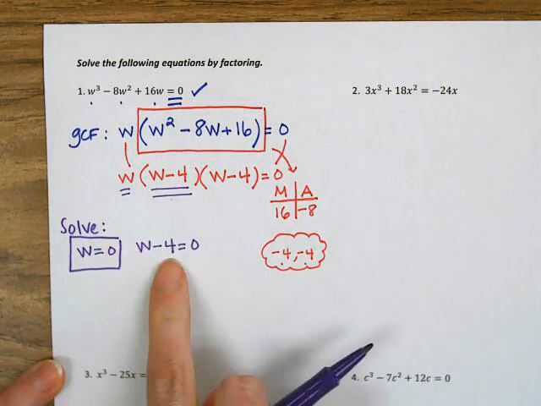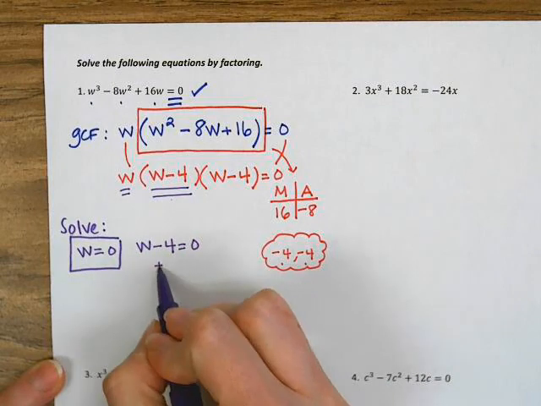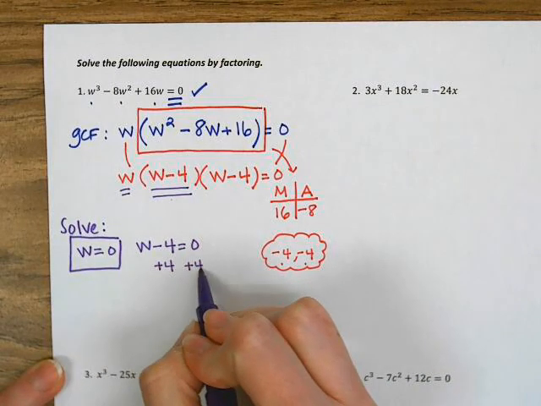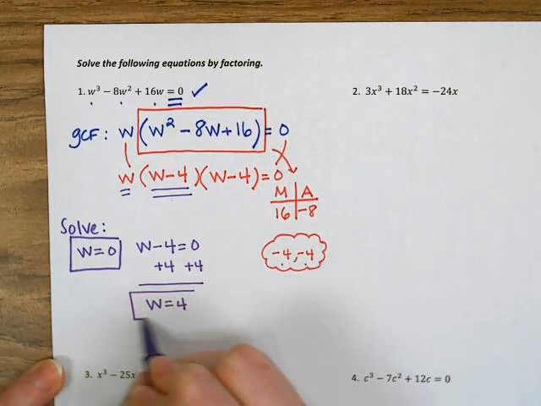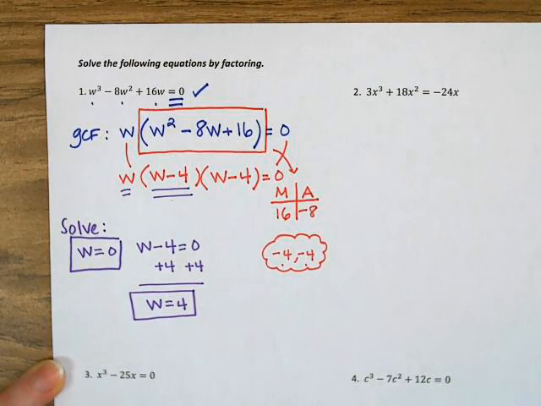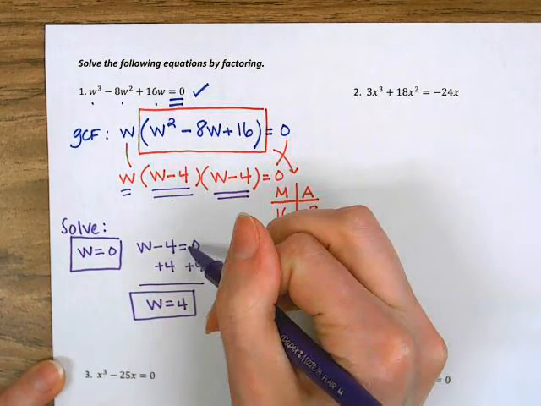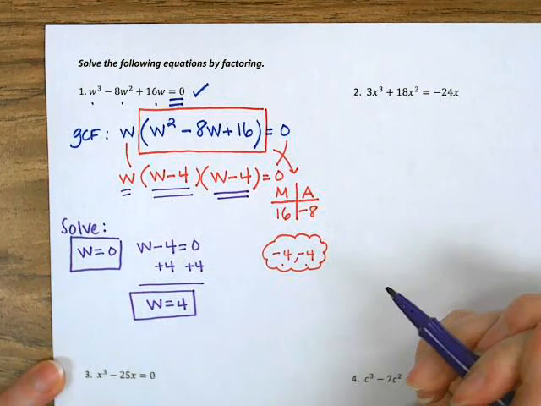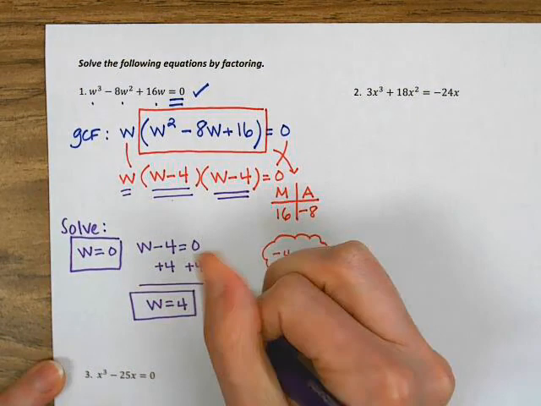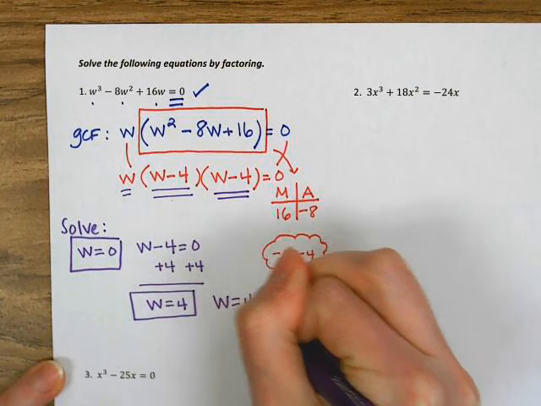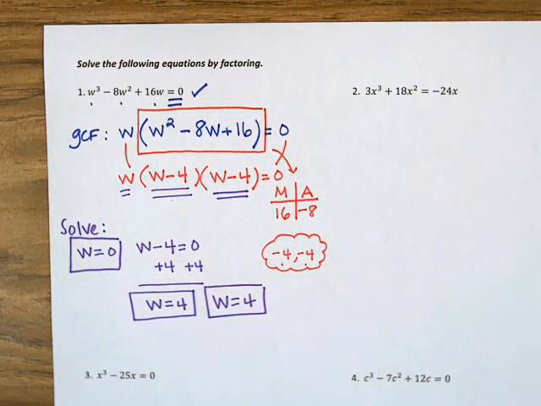Now this one you actually have to solve by adding 4 to both sides. So this one gives you W equals 4. And now let's do this one. Well, this one's actually the same as this one, so we don't have to do it again. So the solutions are 0, 4, and 4 again, because you had a repeat. So 0, 4, and 4. Those are your solutions.